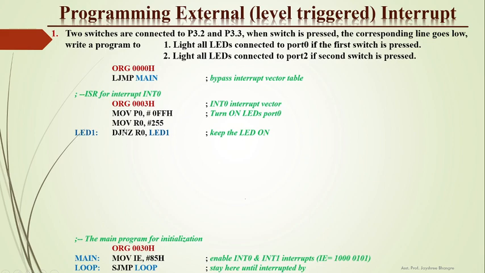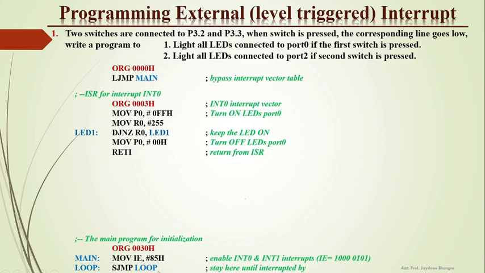So it will remain over here till R0 becomes 0. When R0 becomes 0, it comes out of the loop, and here we are turning off the LEDs connected to port 0 and returning from the interrupt. So after execution of this instruction RETI, we will come here, that is SJMP loop.